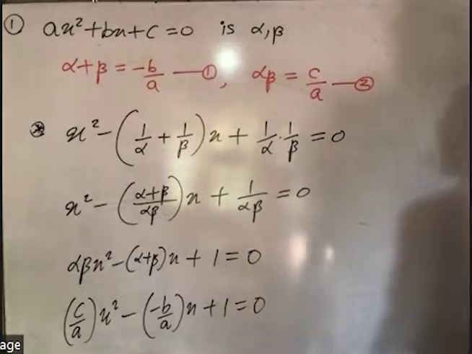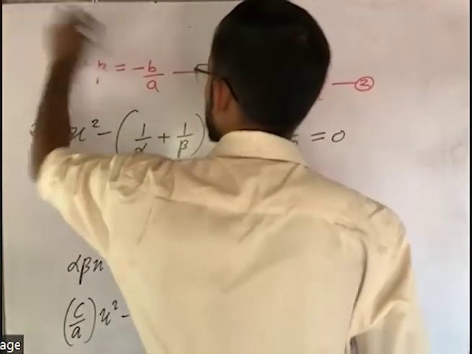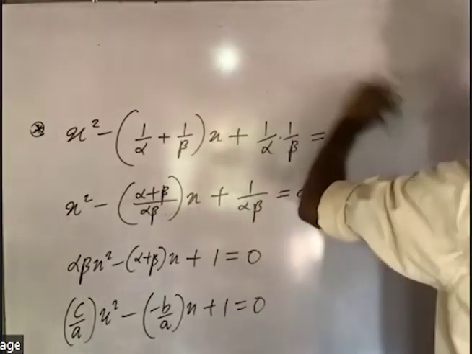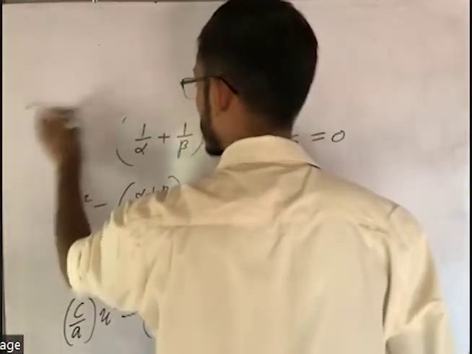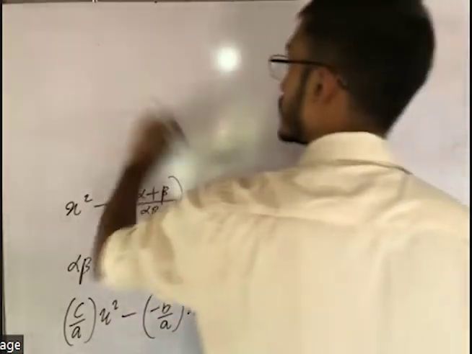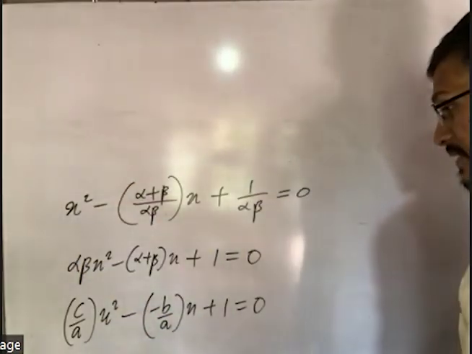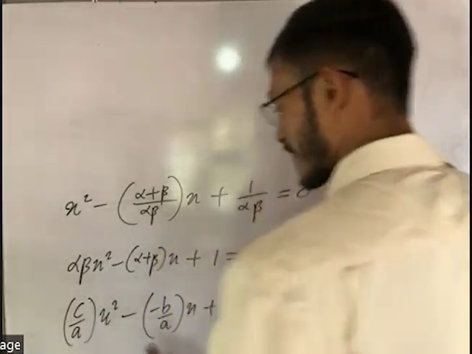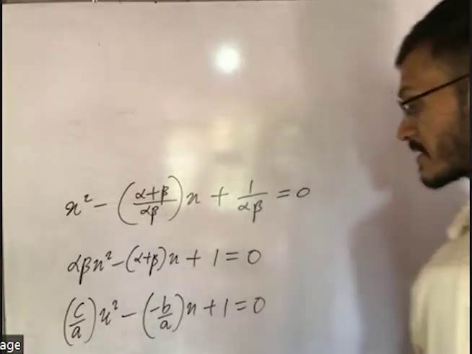Now, let's simplify this. c over a x square minus into minus plus b over a.